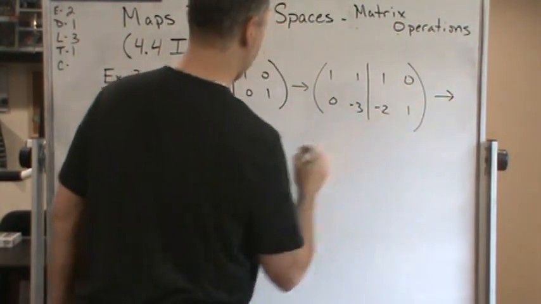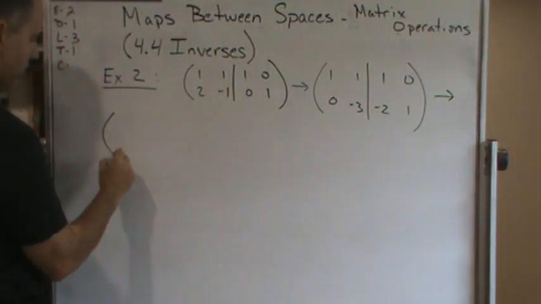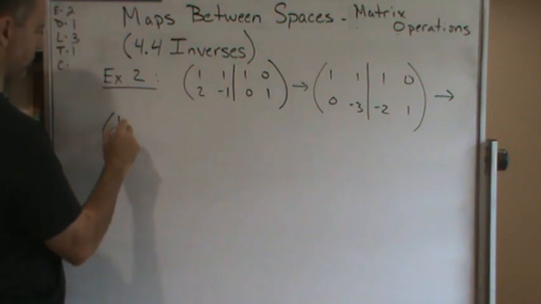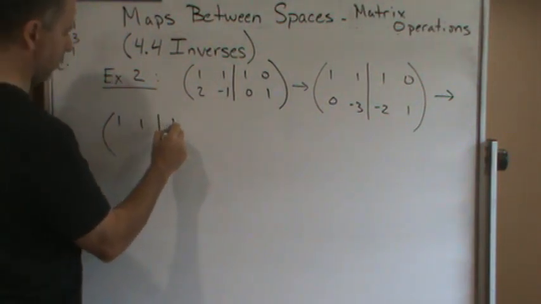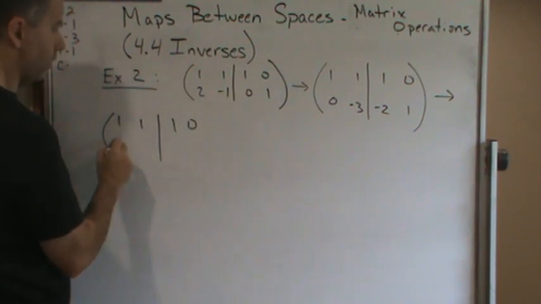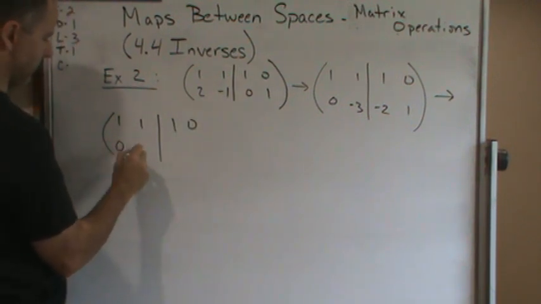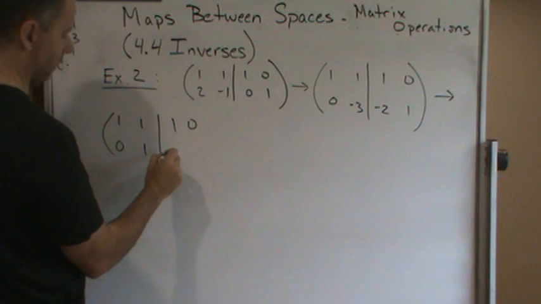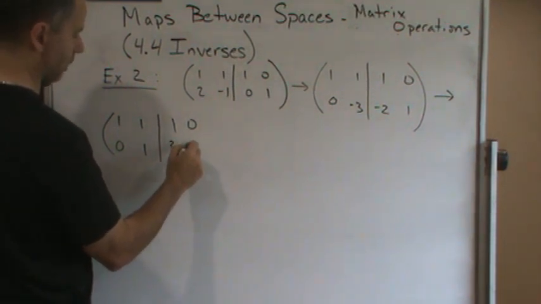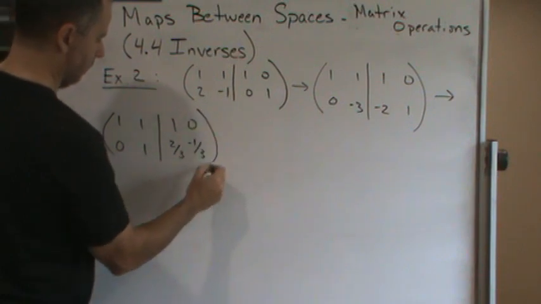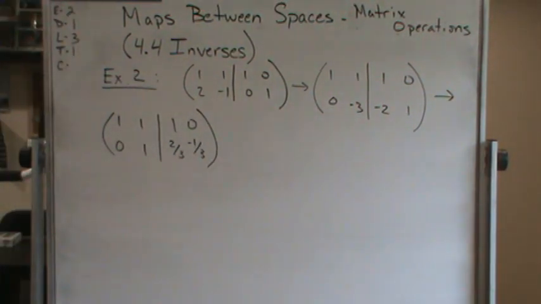So if we do that, what do we get? We get 1, 1, 1, 0. And then we get 0, 1, 2/3, -1/3, right?